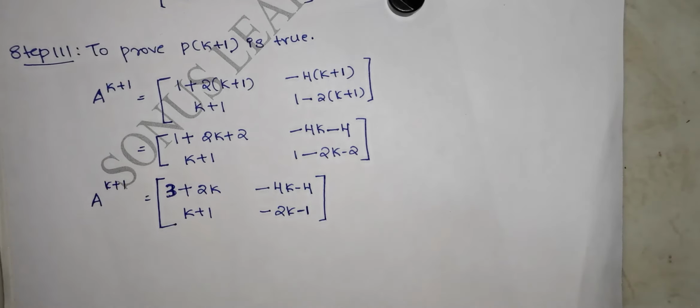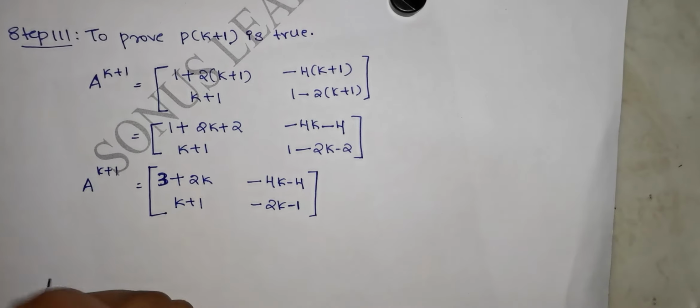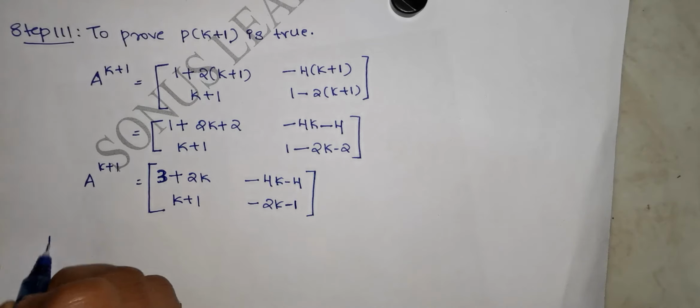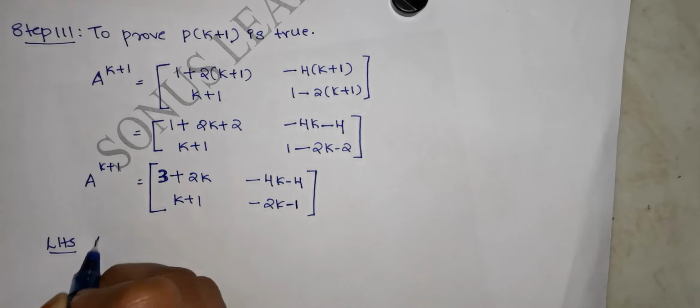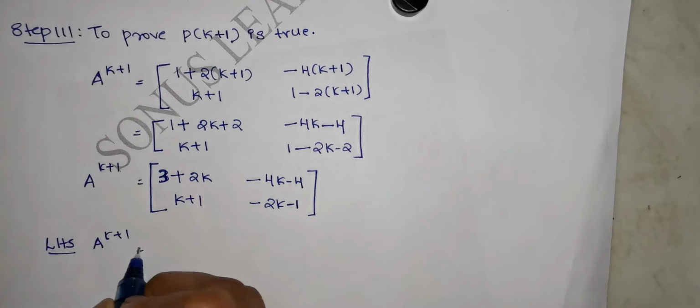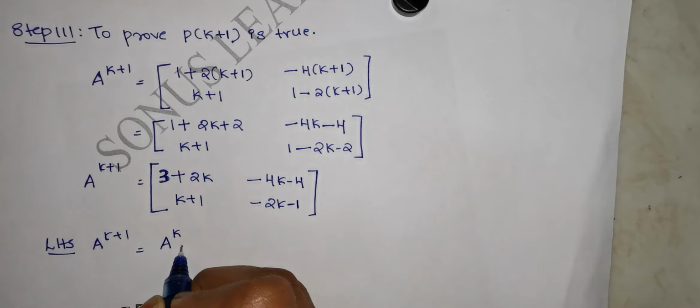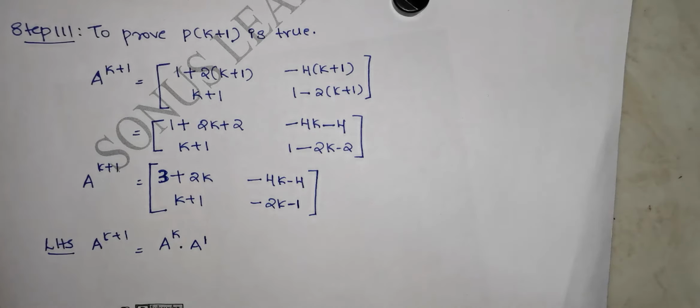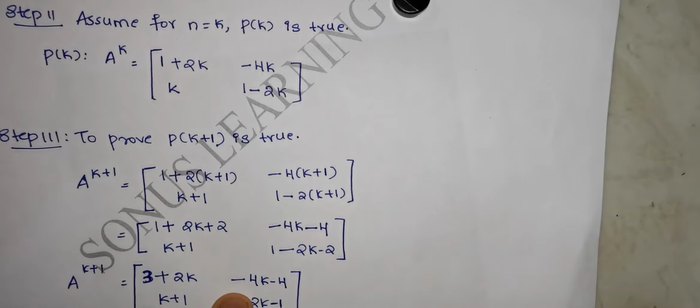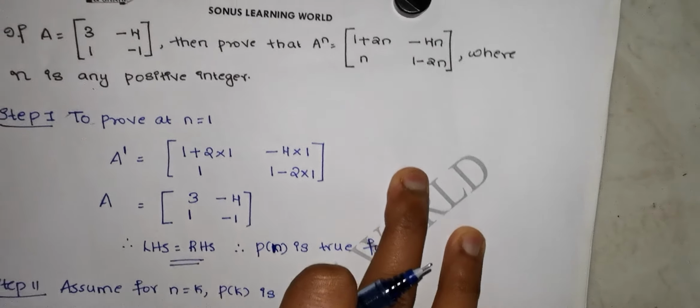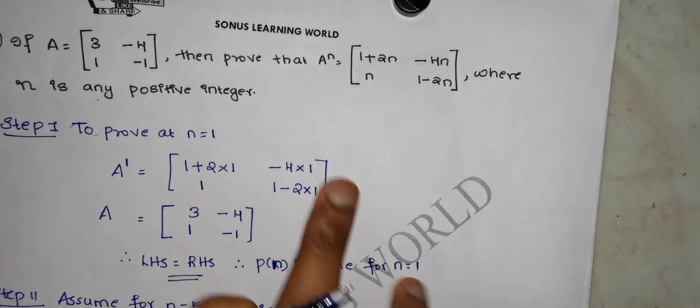So what is our next step? We are taking this LHS and splitting it. A raised to k plus 1 can be written as A raised to k into A raised to 1. What is A raised to k? We already have A raised to k, and A raised to 1 means our A only, that is [3, -4; 1, -1].